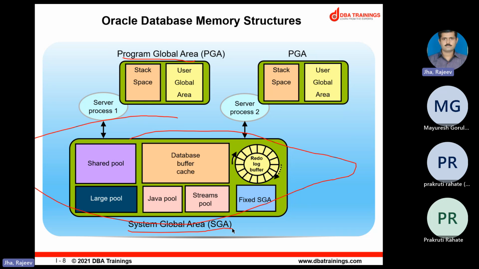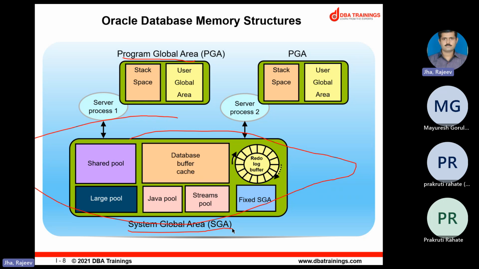Now, what type of contents will my SGA keep? It controls the information of my Oracle database instance, and the SGA is shared by all the server and background processes. For example, storing the data block or setting the SQL area, those are all used by the SGA. Another, as I said, is the PGA, the memory region which contains data and control information for the server or background process.